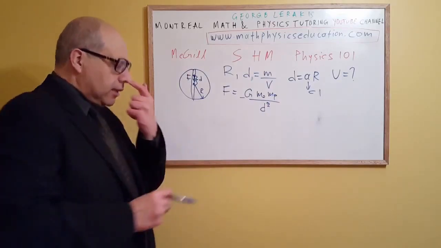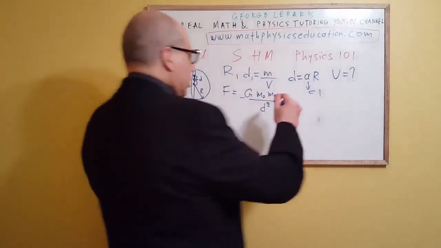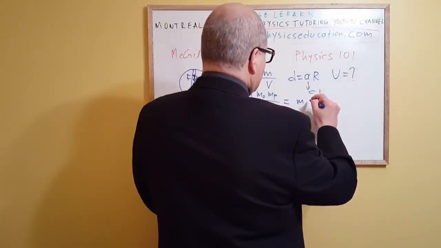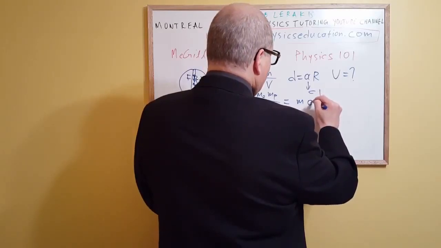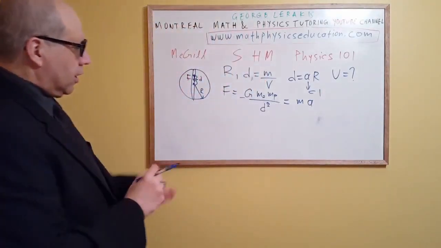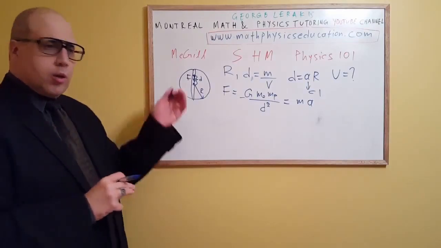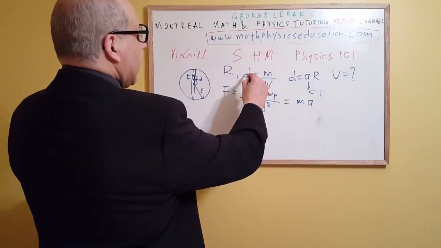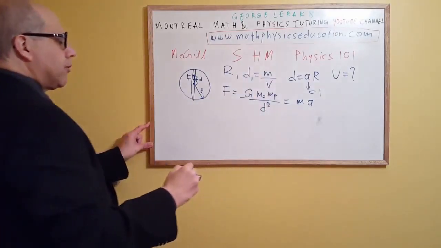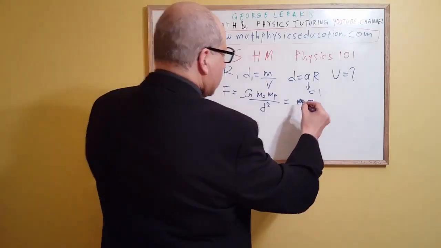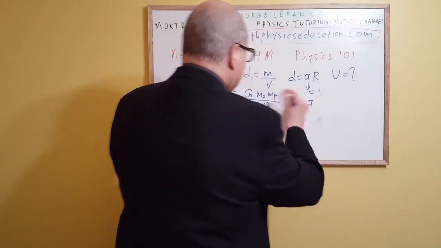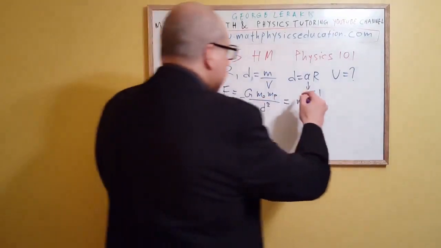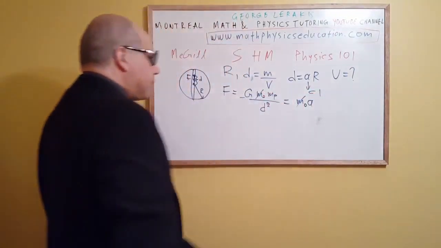From Newton's second law, this force should be equal to m a, where a is the acceleration acting on the object. We know that the density is equal to m over V. This here should be m0, which is the mass of the object, so this and this can cancel.